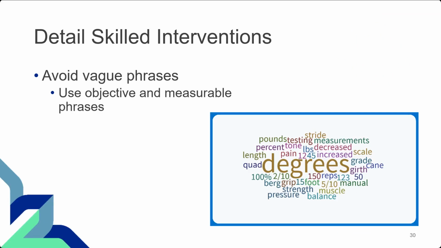So if your patient reports they're feeling better today, ask them the leading questions. Oh, that's great, Betty. Last session, you reported your pain was 6 out of 10. What would you rate your pain today? Oh, it's a 4 out of 10. That's great. Now you have objective and measurable information that helps you support improvement in your patient's pain quality.